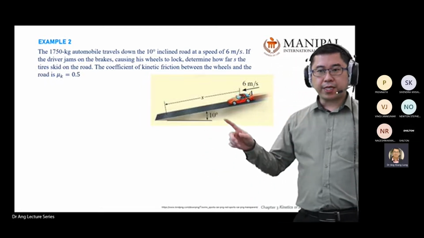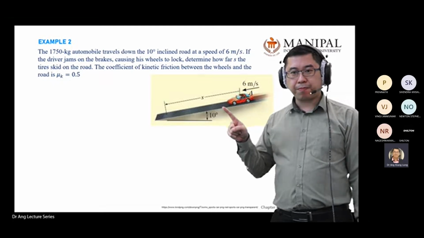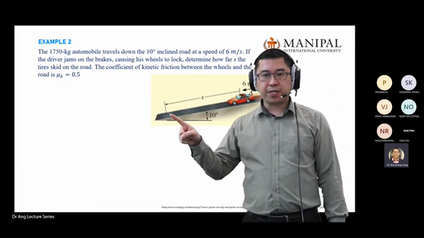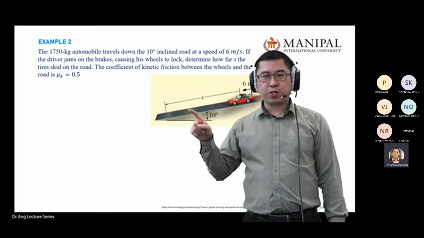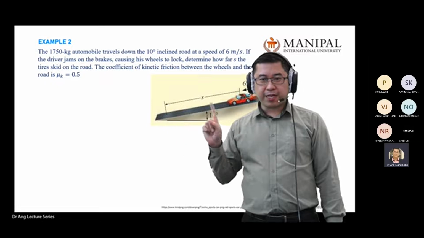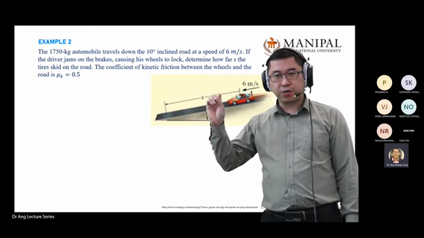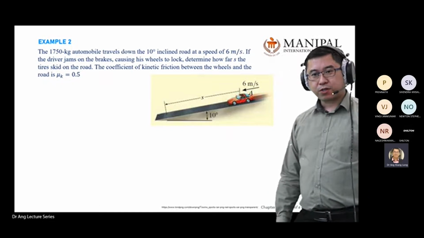In this case, it is assumed that the car will stop at this point, meaning the velocity at this point is 0. Try to look at the question.